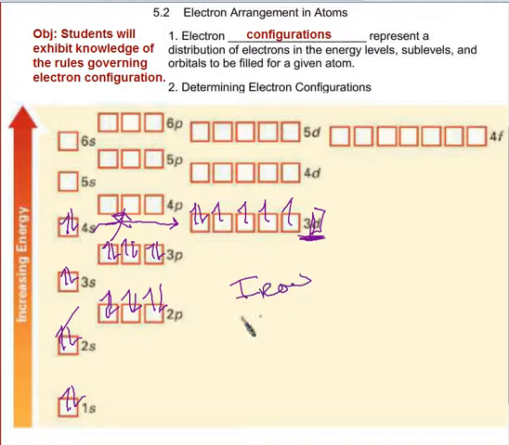The electron configuration for iron is then going to be 1s2, with 2 electrons there. 2s2, because we have 2 electrons there.